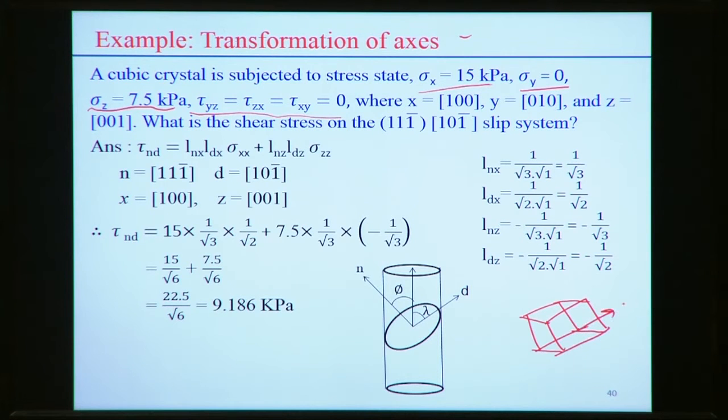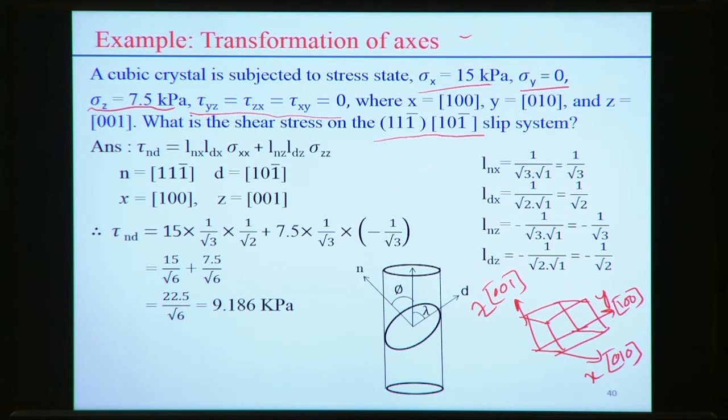Within the unit cell, we can define the direction corresponding to x, y and z. Now we need to find the shear stress on the 111 bar 101 bar slip system.